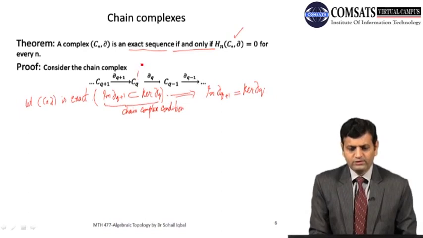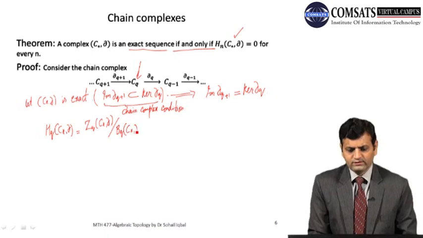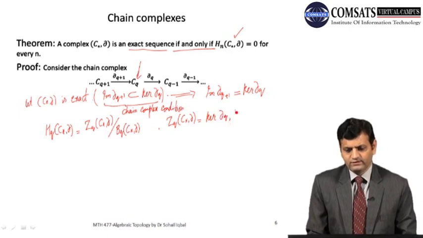Now how do we define homology, for example, at this node? Hq(C star, partial) is equal to Zq(C star, partial) quotient with Bq(C star, partial). What is Zq? Basically it is the kernel of partial q. And what is Bq? These are the boundaries, and basically this is equal to the image of partial q plus 1.